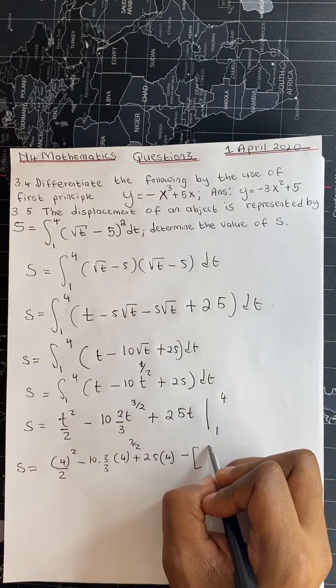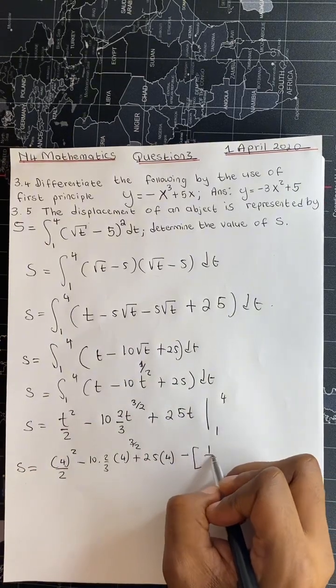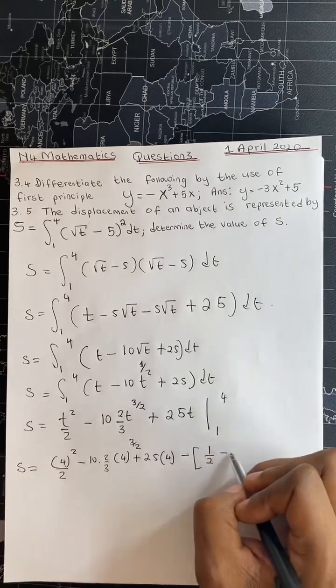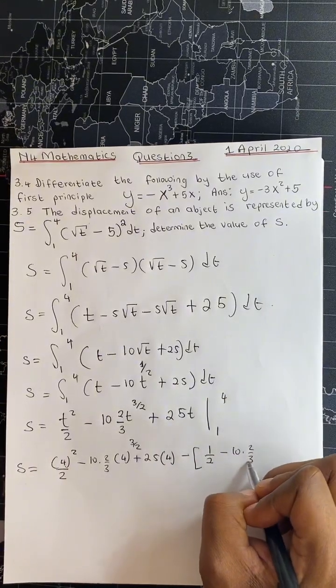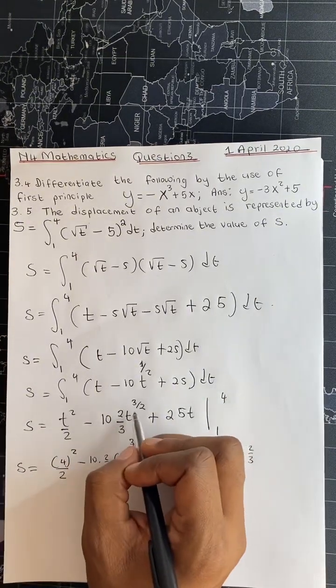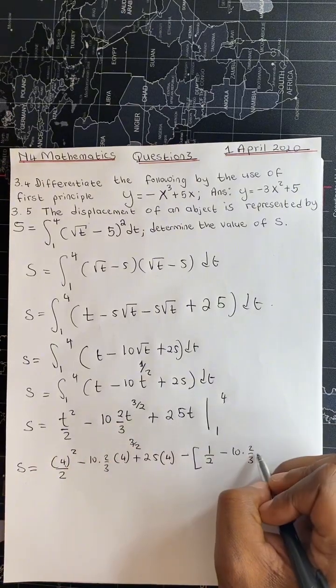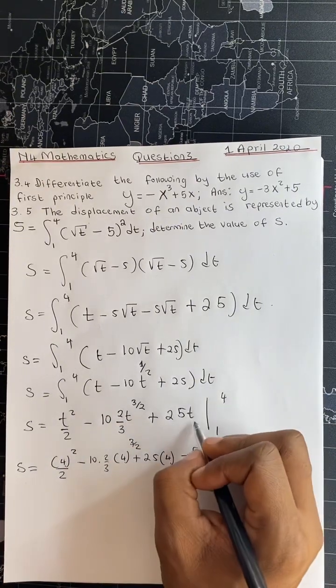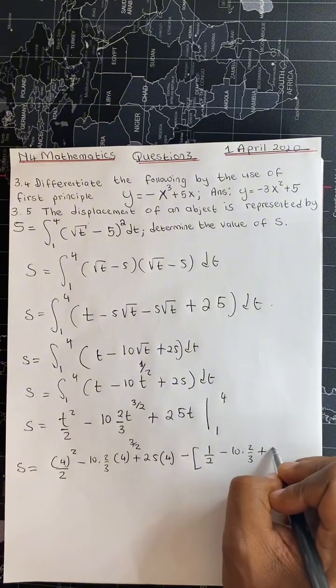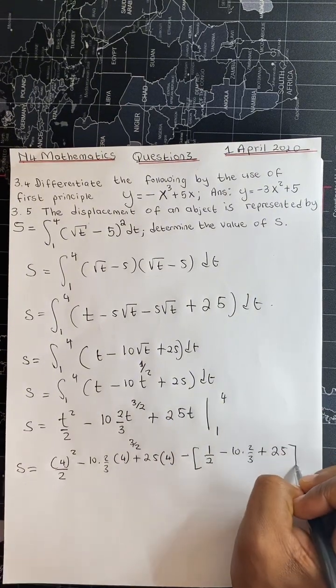So this will be 1 squared over 2, which will be 1 over 2, minus 10 multiplied by 2 over 3, and the 1 will be raised to the power 3 over 2, which will just be 1, plus 25 multiplied by 1, which will be 25.